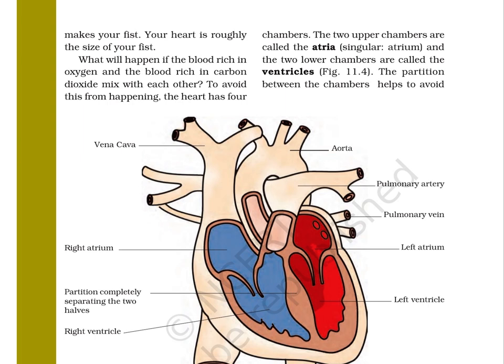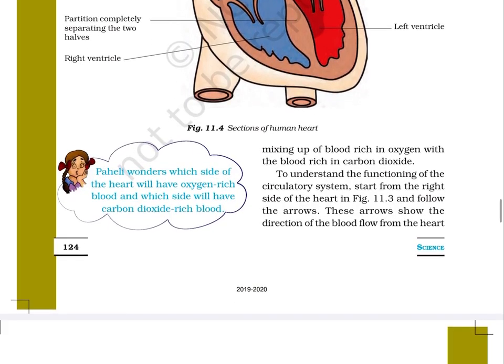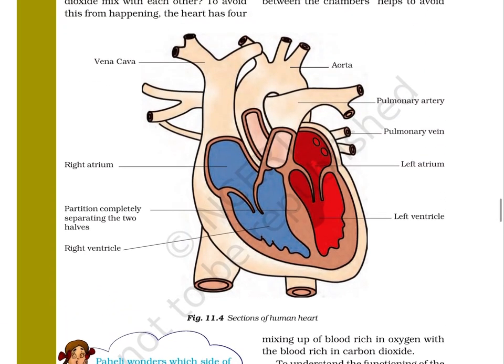You can observe this in figure 11.4. The partition between the chambers helps to avoid mixing up of blood rich in oxygen with the blood rich in carbon dioxide. Figure 11.4. Sections of human heart.